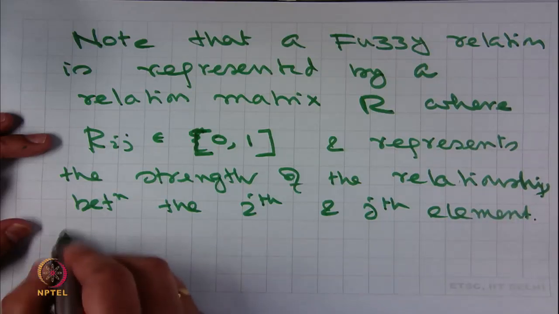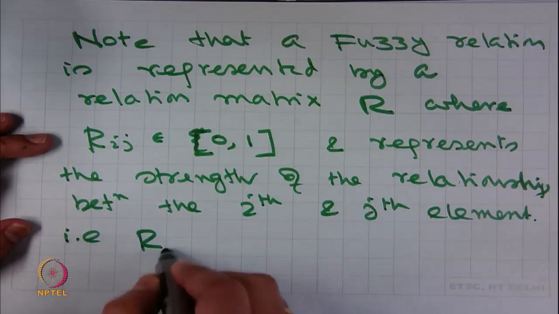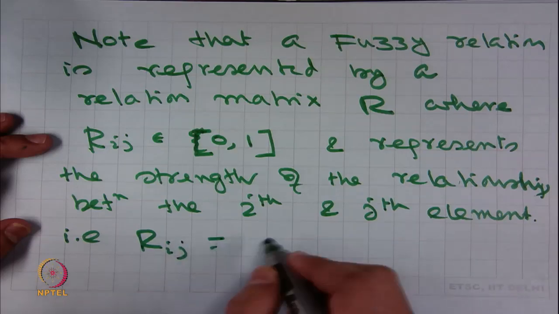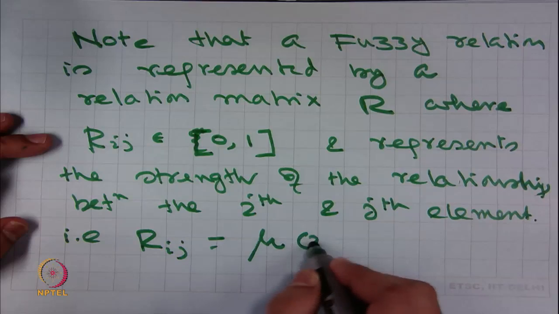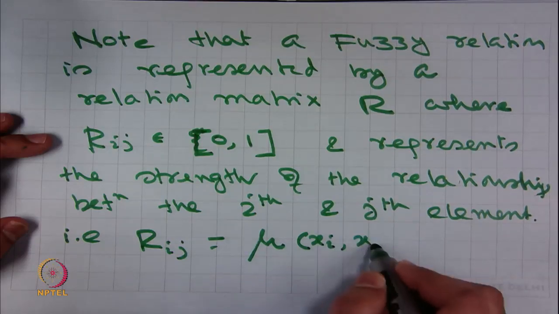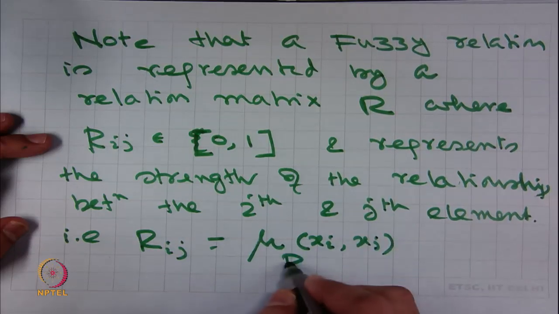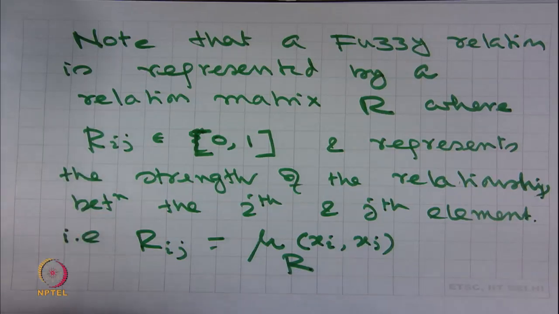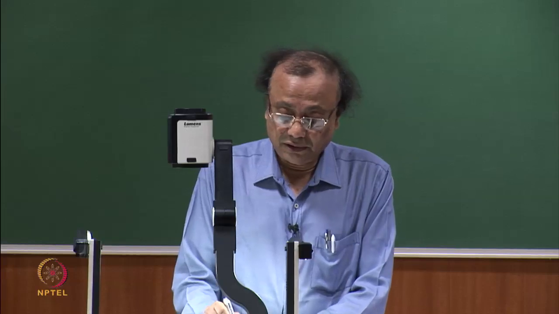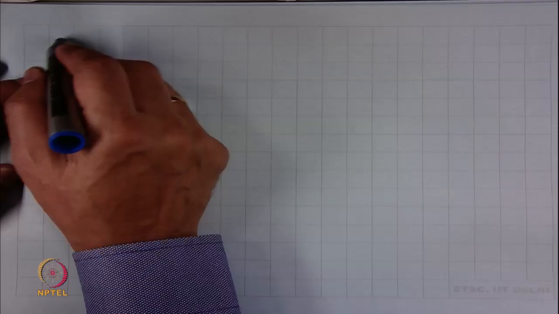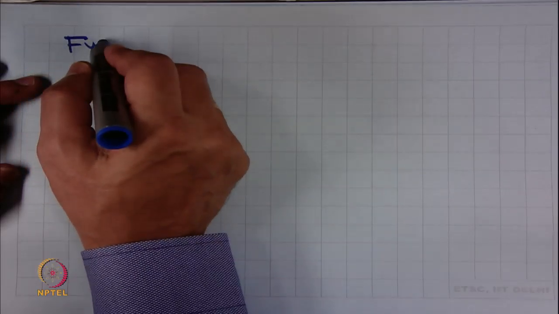That is, R_ij is actually the membership of the pair (x_i, x_j) to the set R. With that background, let us now define fuzzy reflexivity.